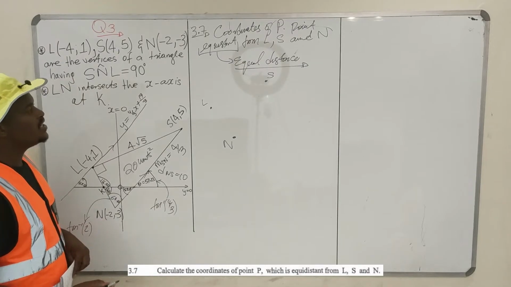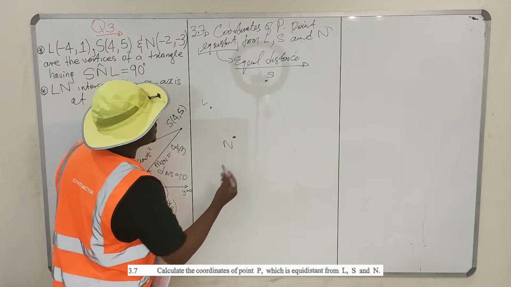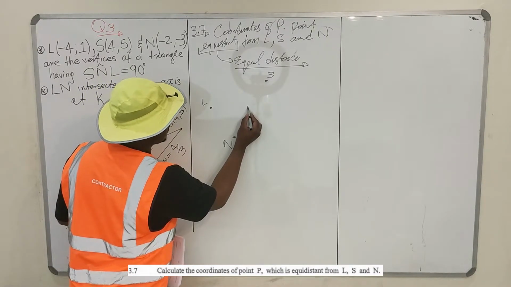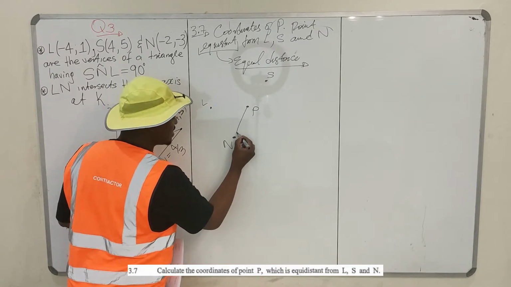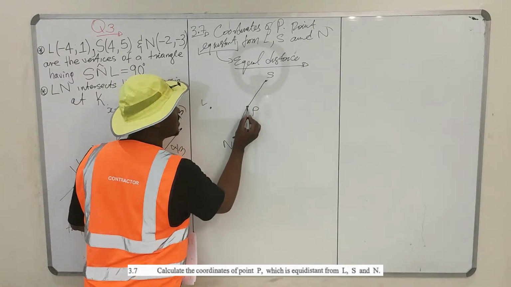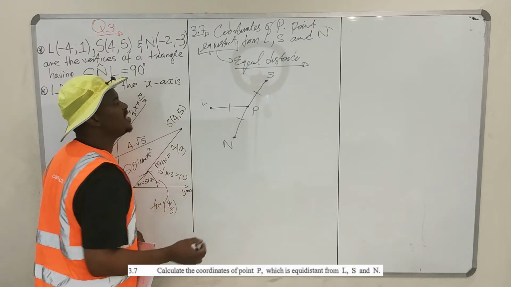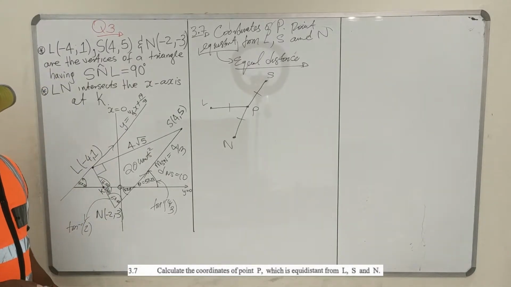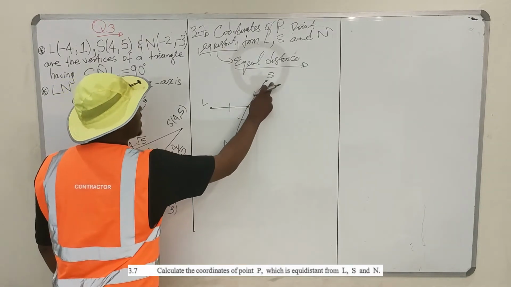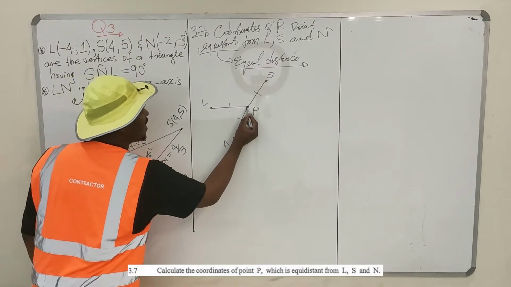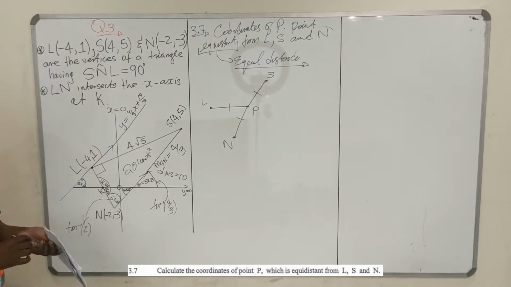So they want a point that will be equal distance from all three of these positions. Let's say maybe it was somewhere here. So let's say this is your P. Your P should be the same distance here, same distance there, same distance there. So P is equidistant from L, S, and N. So they want you to find the coordinates of more like the midpoint of all of them. That's what they want you to find.